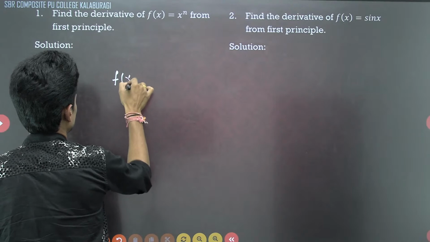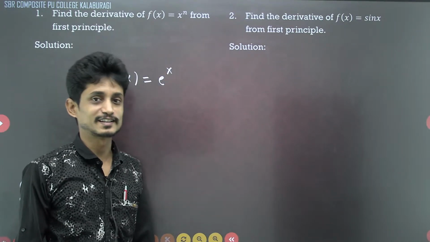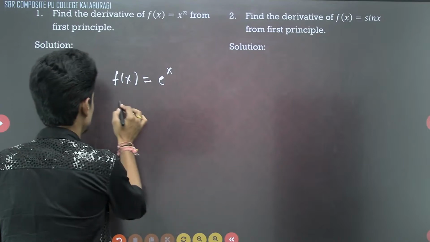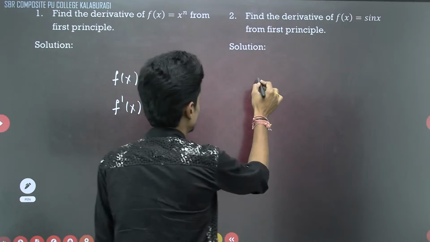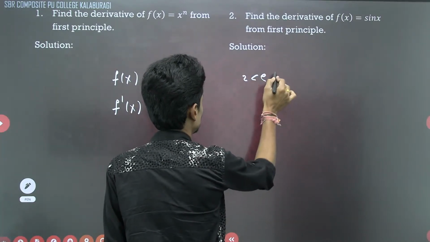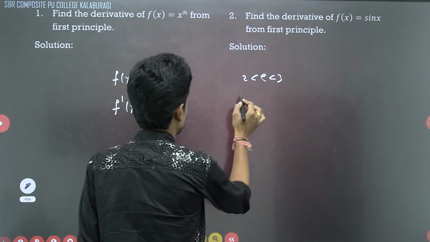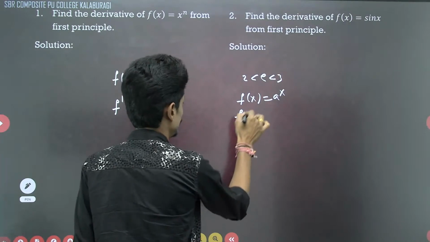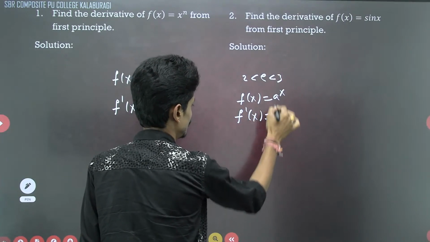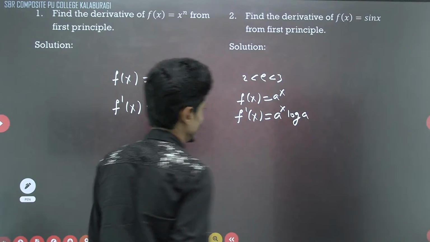F of x is equal to e power x. Some special constant I'll take. E is greater than 2 but less than 3. What is f dash of x? Which formula can I take? If f of x is equal to a power x, then f dash of x will be a power x into log a.